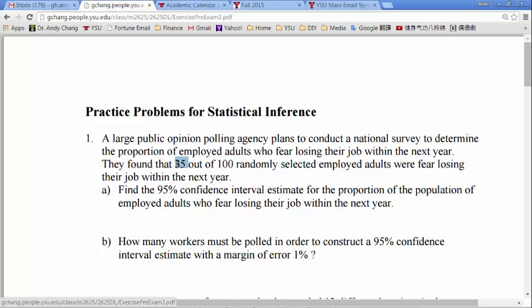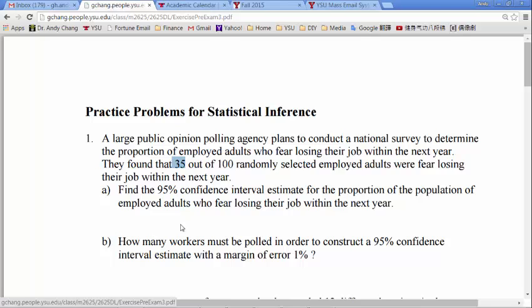We want to use this to figure out a 95% confidence interval estimate for the proportion of the population of employed adults who fear losing their job within the next year. Okay, so this 100 will be the n, and the 35 will be the number of successes, right? Actually, the number of employed adults who fear losing their job within the next year.